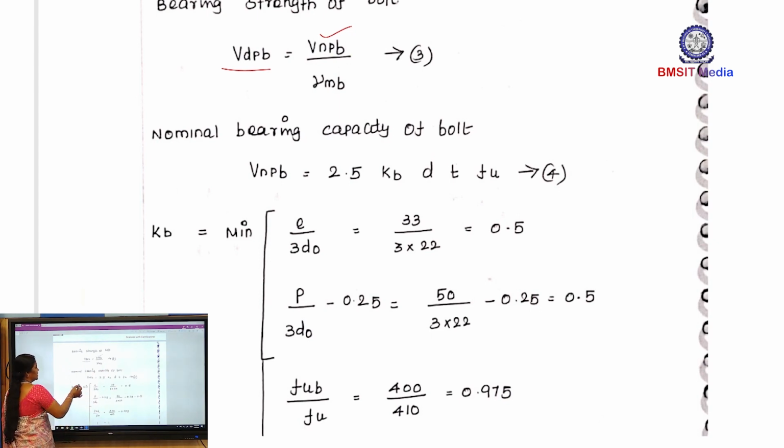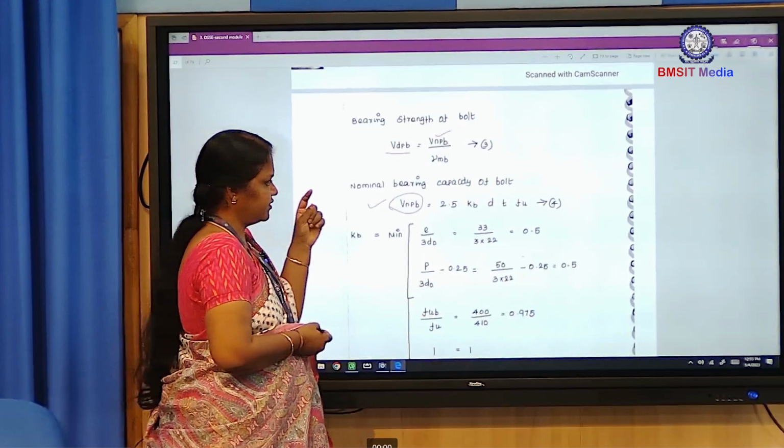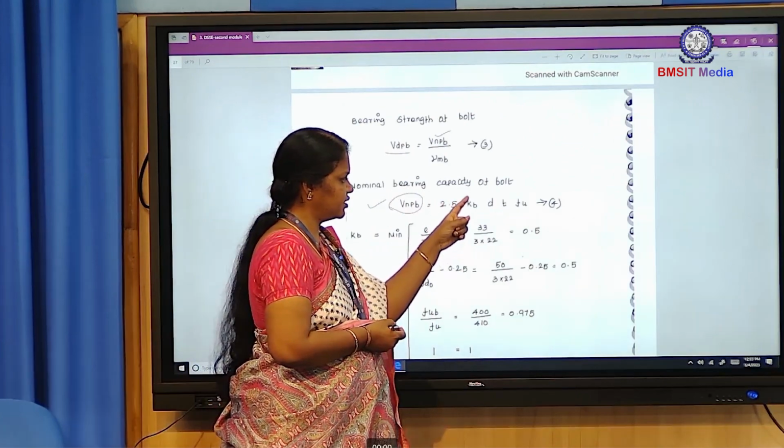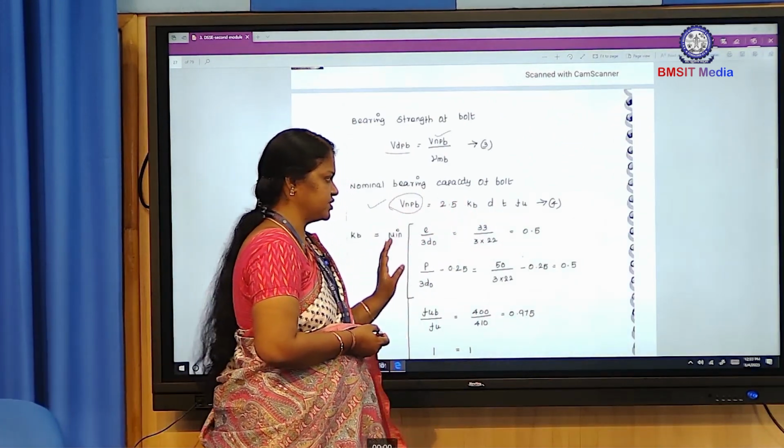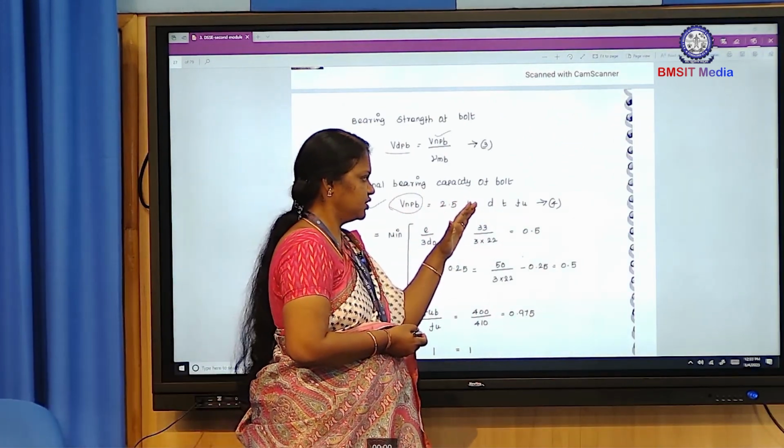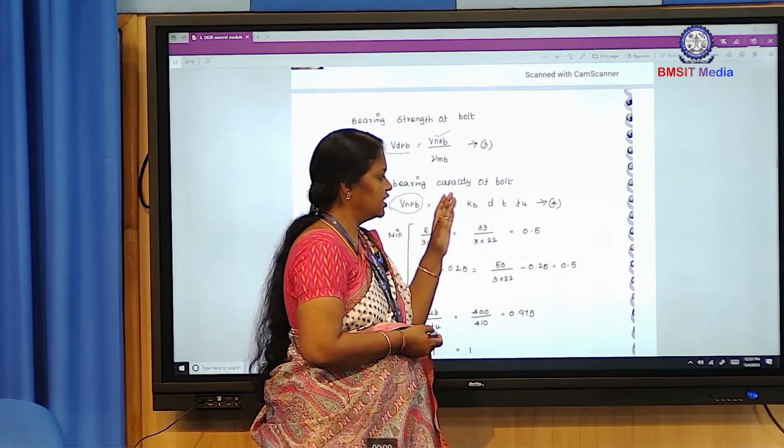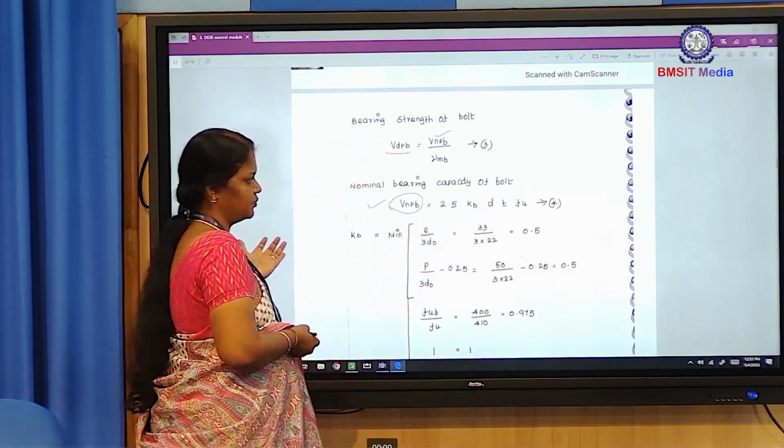Now coming to VNPB, we can use this formula. VNPB equal to 2.5 times Kb times d times t. Kb is a constant, and d equal to diameter of the bolt. t means minimum thickness of the plate.